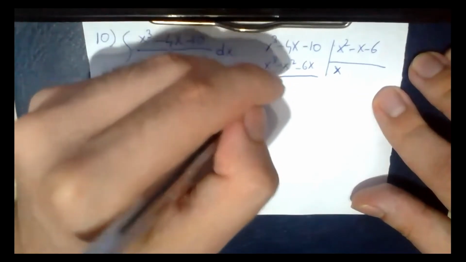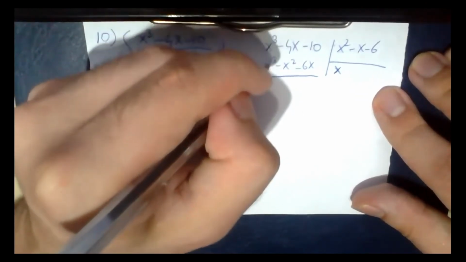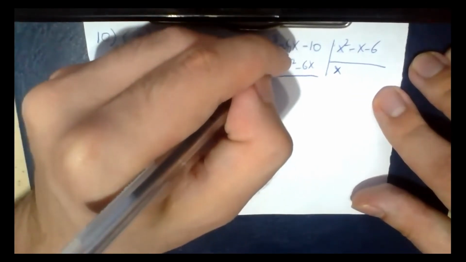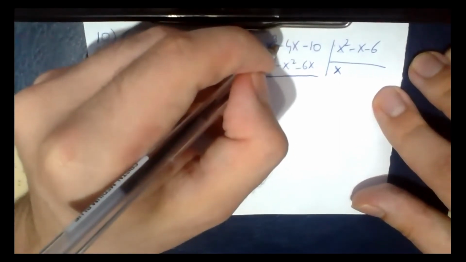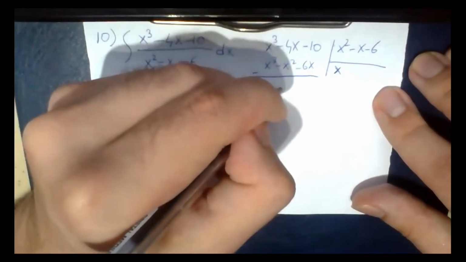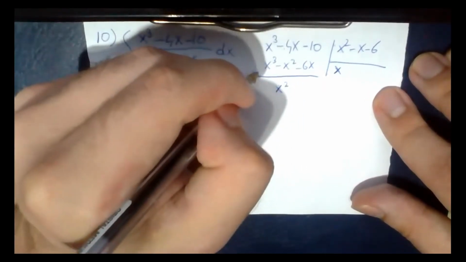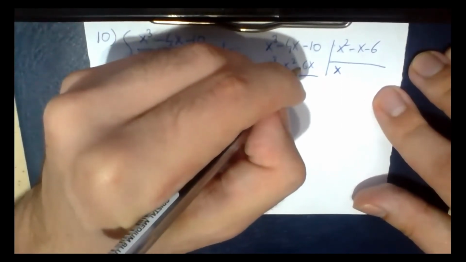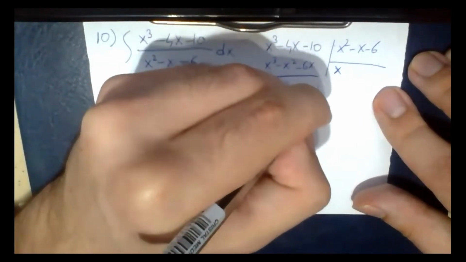And when we subtract them, x cubed minus x cubed is 0, minus 4, there will be no x squared here, minus x squared is plus x squared, minus 4x minus 6x is, as a total, plus 2x, and minus 10.